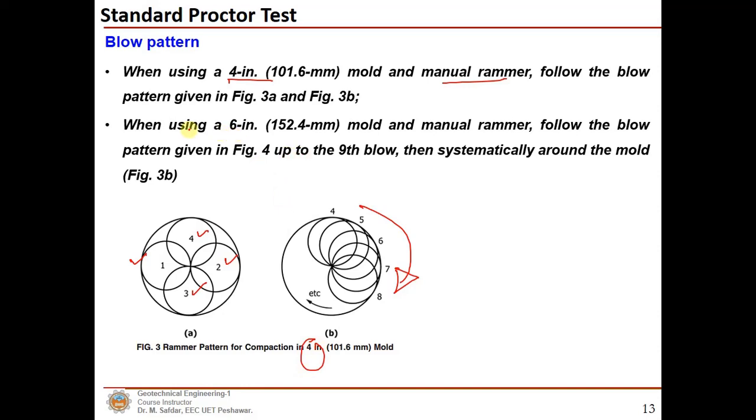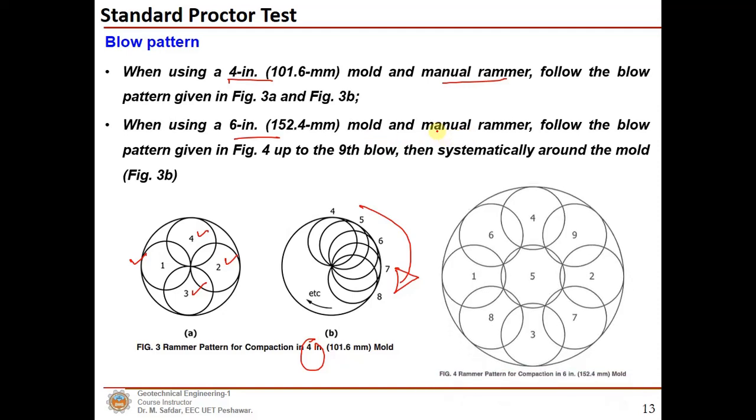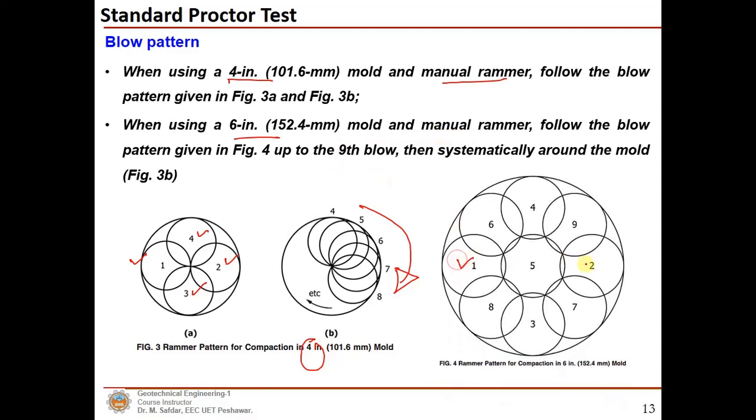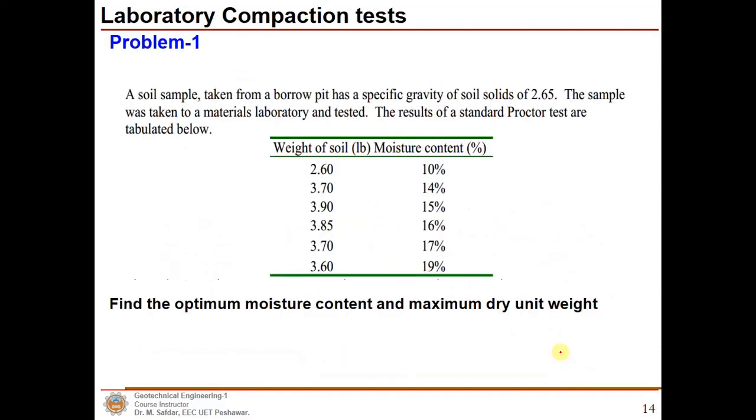Using a 6-inch mold and manual rammer, we need to follow the pattern of 1, 2, 3, 4, 5, 6, 7, 8, 9, and you can continue from 1 and 2 again. And that blow pattern is for the 6-inch mold.